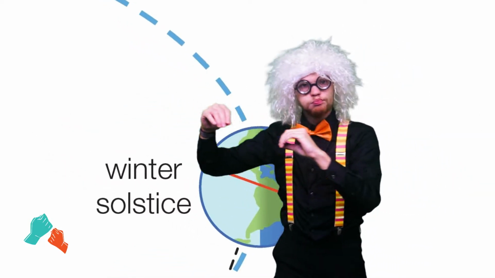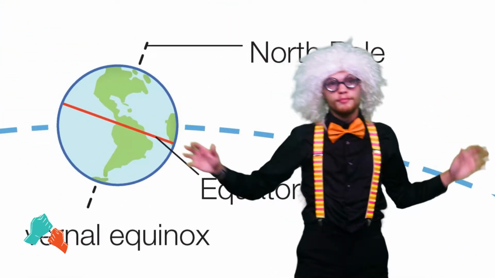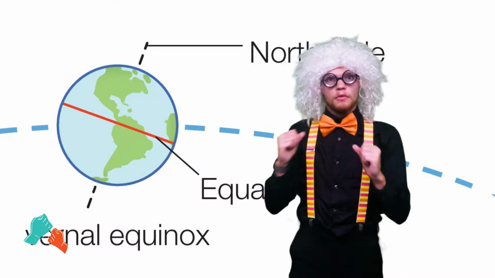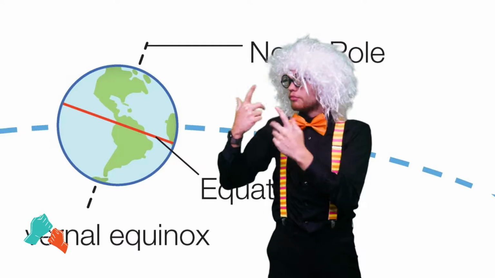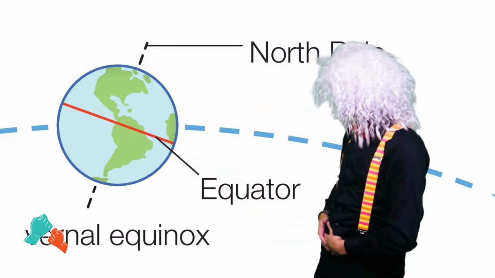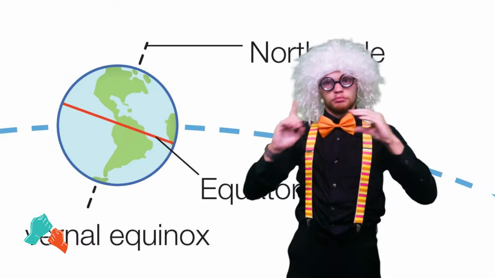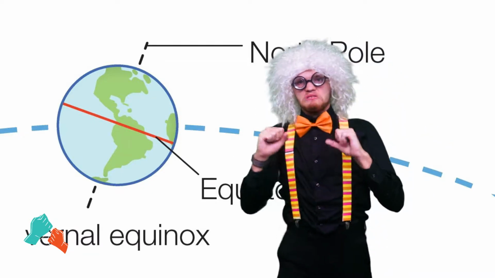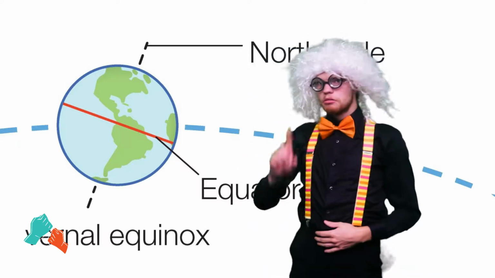Now we're at the vernal equinox. Spring. Remember, we were at winter, and now the temperatures are rising back to a balanced weather. Not too hot, not too cold. It's balanced. Not cold, not hot.